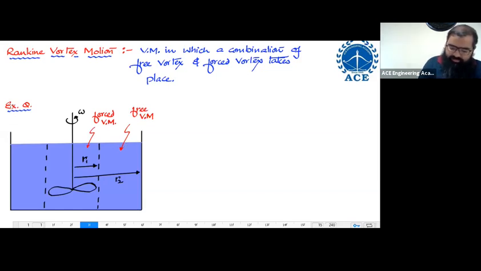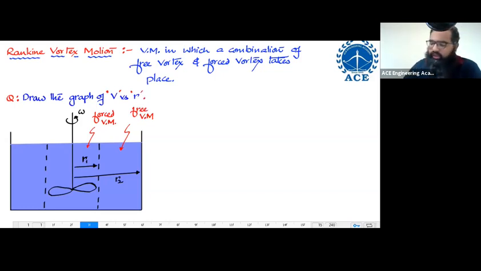So the question is, draw the graph of velocity versus radius. Let us see how the graph of velocity versus radius is going to come.